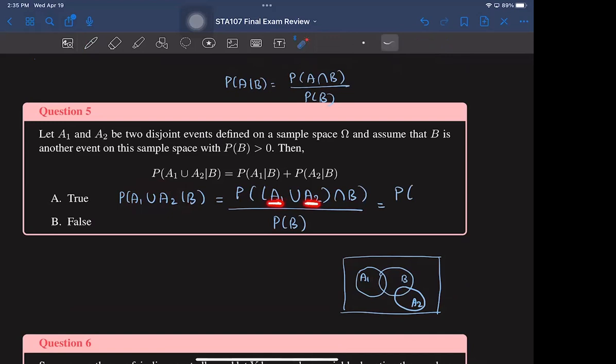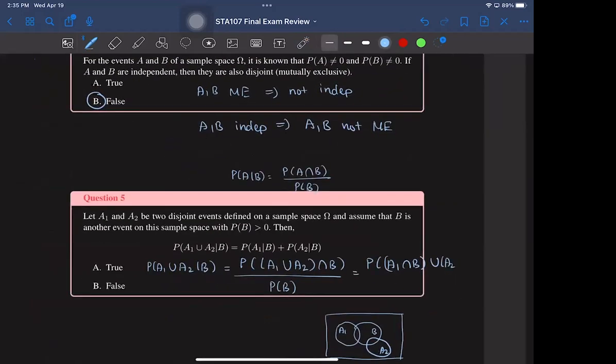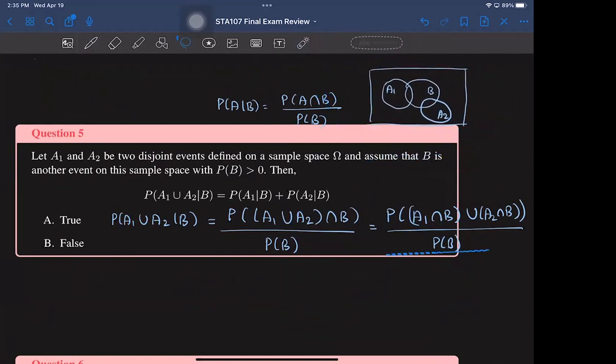When you have A1 union A2 intersect B, I can break it down into A1 intersect B union with A2 intersect B, divided by probability of B. Does this step make sense, from here to here? Yeah, you're basically just using commutativity.